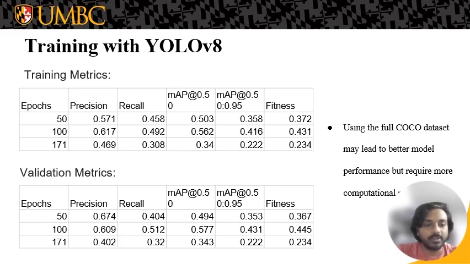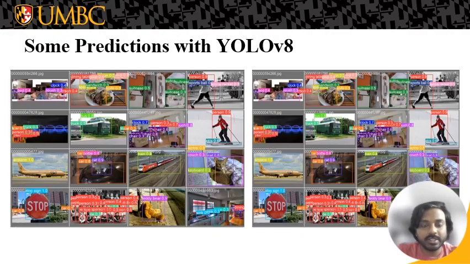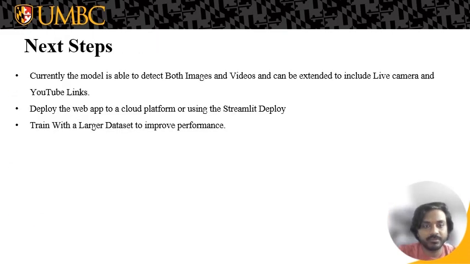Although we trained for more epochs, the precision went down, indicating overfitting of the model. Here are some of the predictions with YOLO V8 after the training. Here we can see that the airplane is detected, the stop sign is detected, teddy bear is detected, and also person is detected, clock is detected, train is detected.